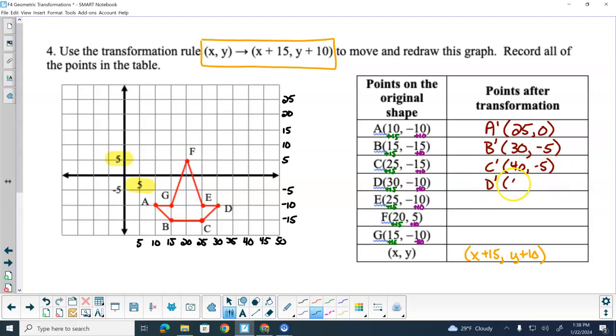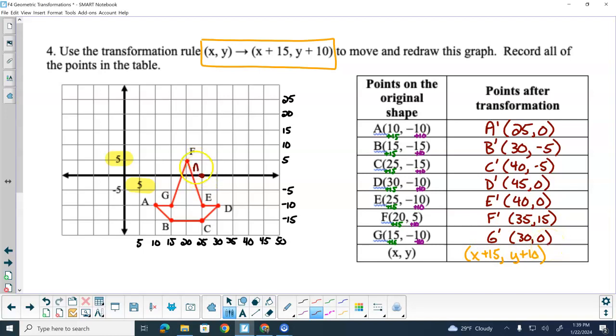D prime, comma. E prime, comma. F prime, comma, and G prime, comma. So 25, comma 0 would be right there.